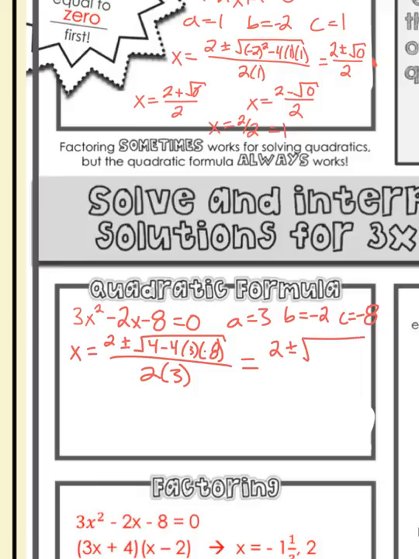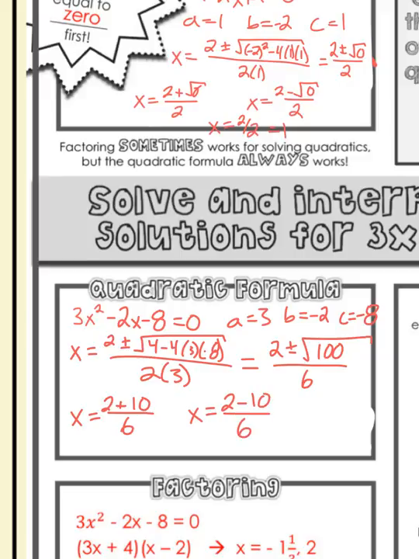So now we have the square root of 4 plus 96, which is also 100, over 2 times 3 is 6. So now we have two equations. We have x equals 2 plus square root of 100 is 10 over 6, and we have x equals 2 minus the square root of 100 over 6.